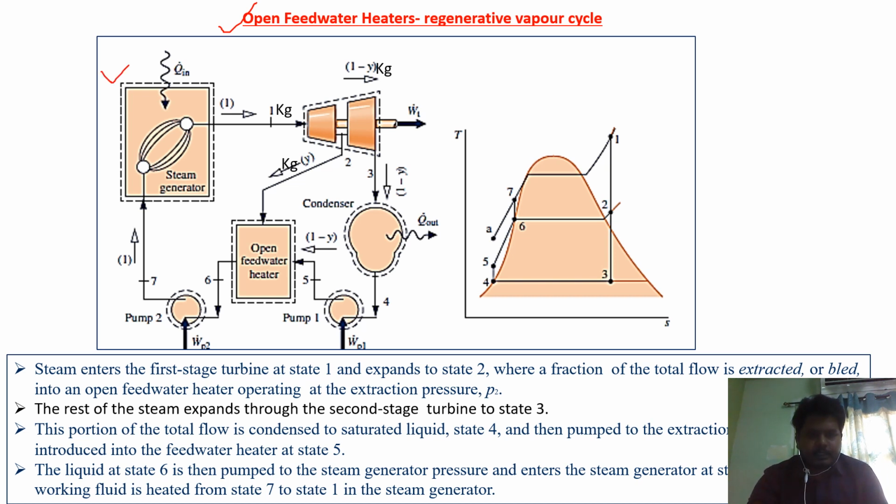As you can see, this is the schematic diagram of the open feed water regenerative vapor cycle. The turbine and two pumps are isentropic processes. The boiler, open feed water heater and condenser are constant pressure processes.